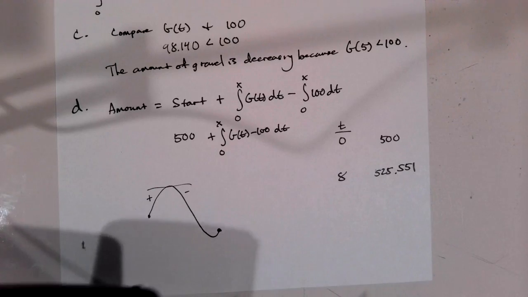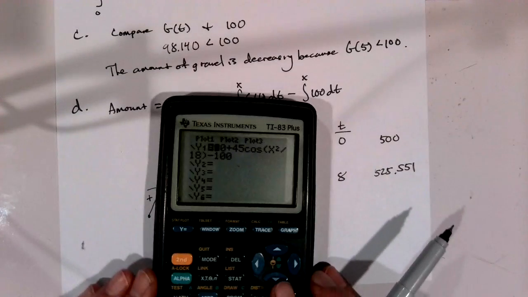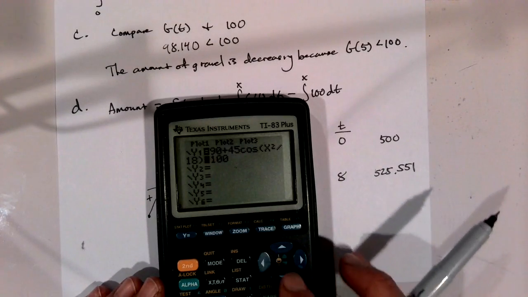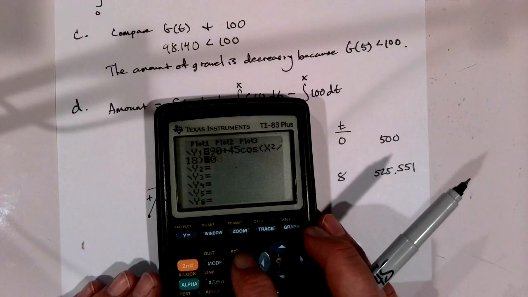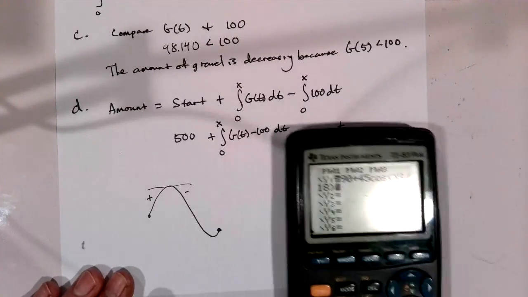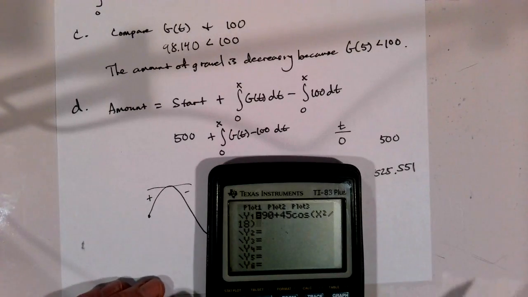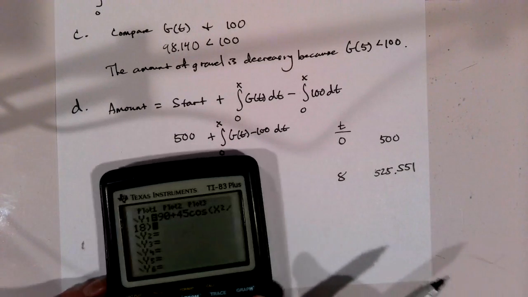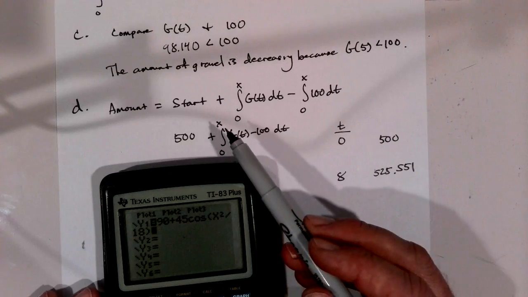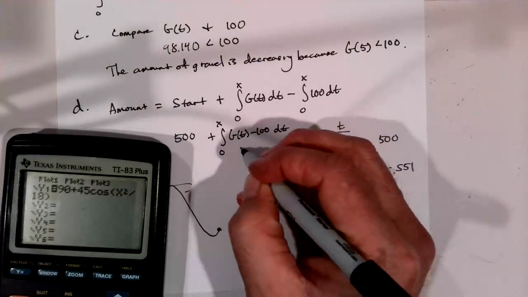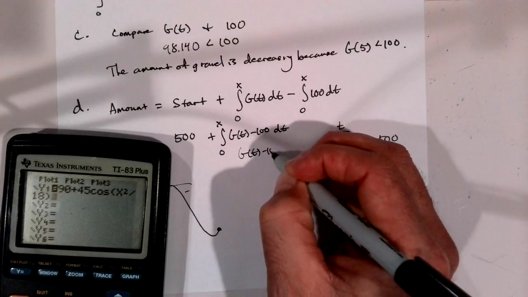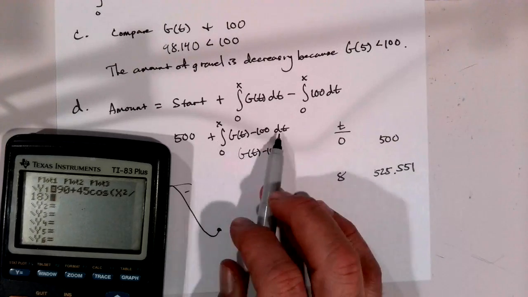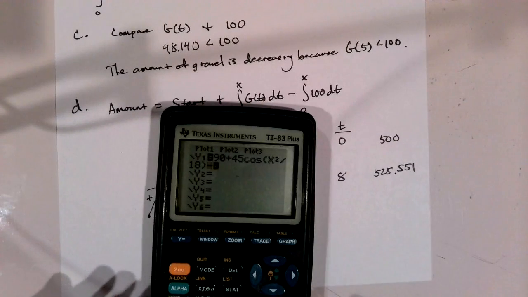So the derivative of this is G of t minus 100. When you take the derivative, those terms go away.